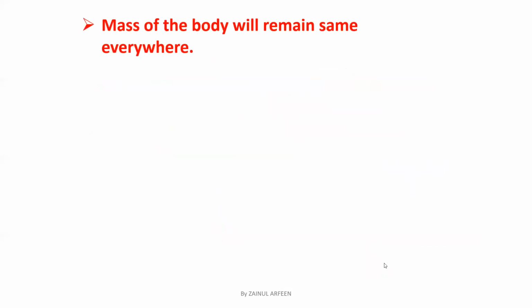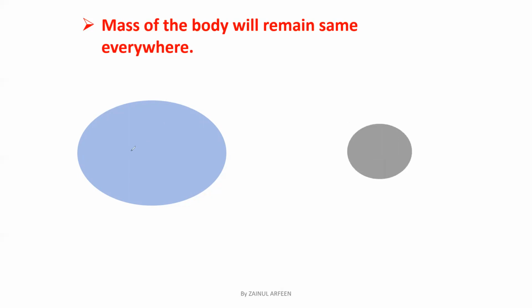Then, the mass of an object remains the same throughout the universe, or remains constant. For example, say this is the earth, and you have, for example, a moon, and you have an object which has, say, 4 particles.